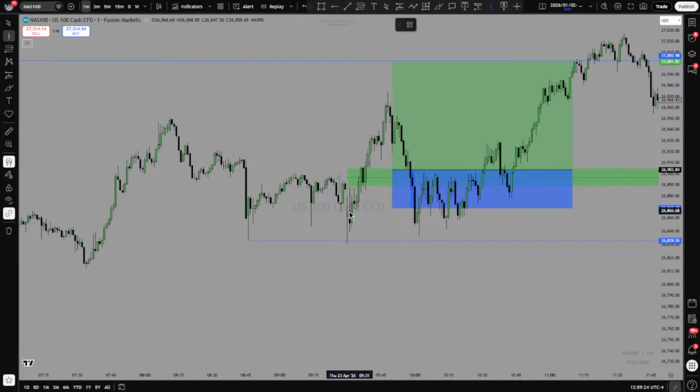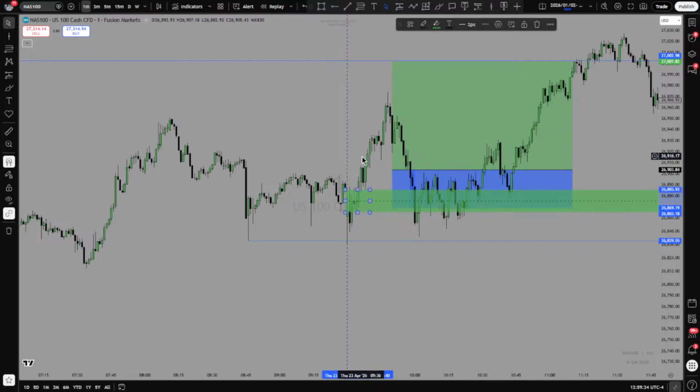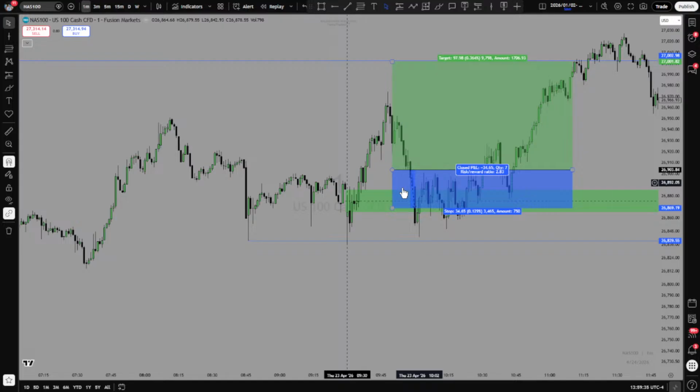This is half past. As you can see that we have these here, but still, even if I took the trade here, it wouldn't make any sense, right?